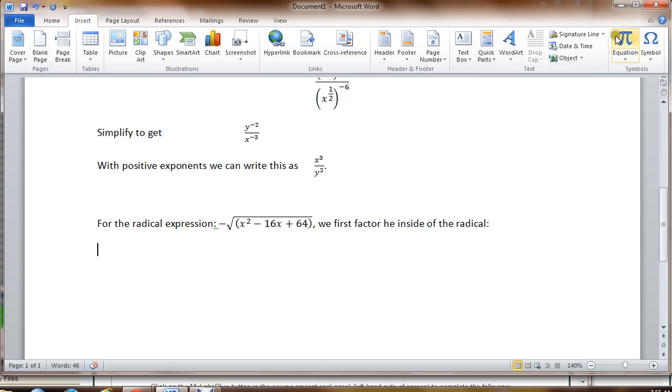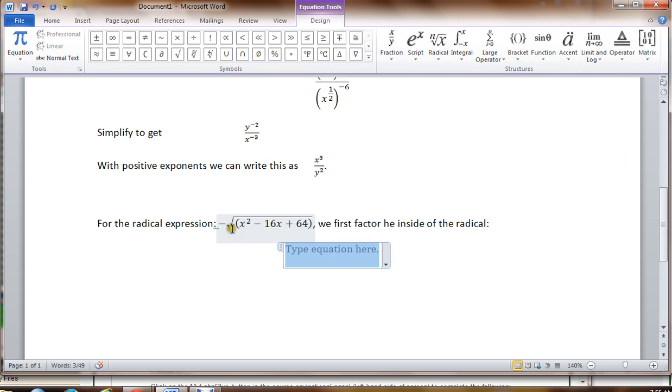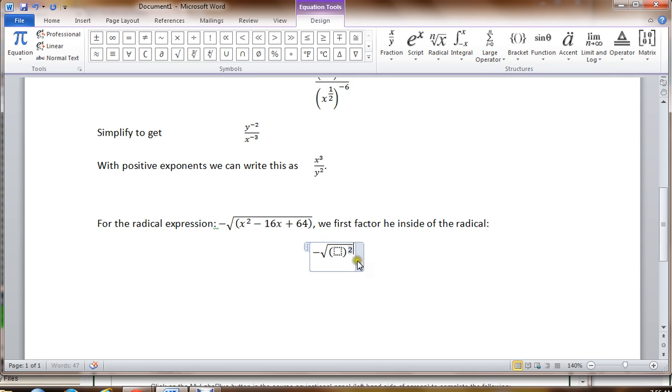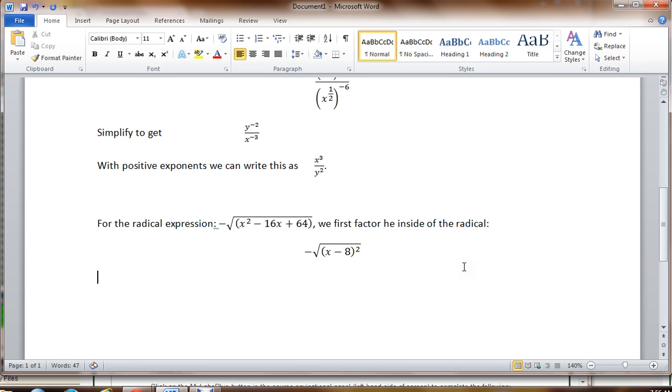So we're going to write this as a perfect square trinomial inside of the radical. So I still have the big minus sign outside. I still have the radical symbol. And then I'll write the parentheses. And it's going to be a perfect square, so I'll give myself room to put that square operation in. There's the square. And it factors into x minus 8 times x minus 8, or x minus 8 quantity squared.